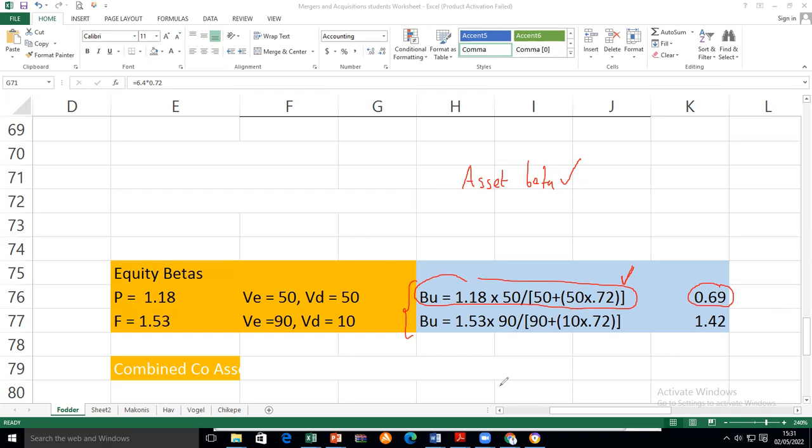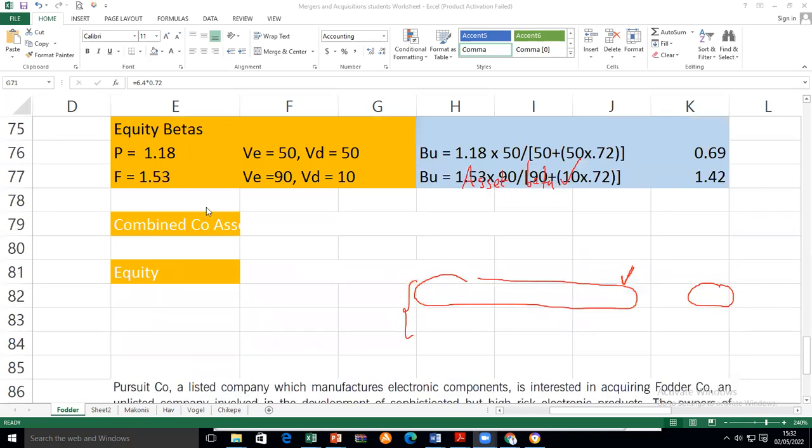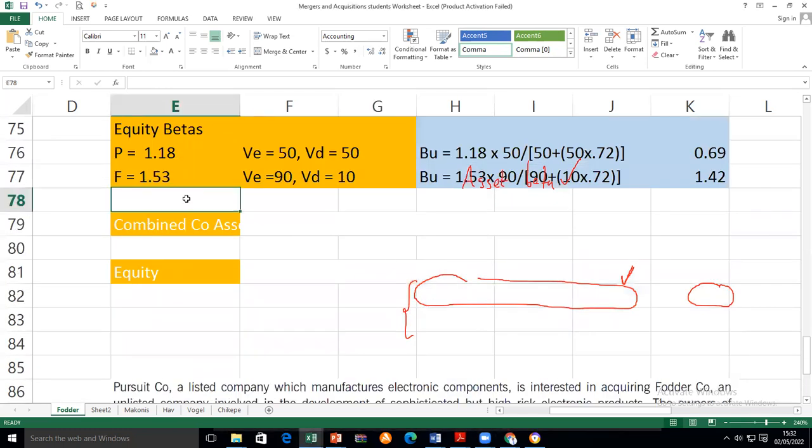So we have calculated the asset betas. What's the second step? We need to average them. So how do we average these? They have told us what to do, haven't they? They say we must get a weighted average.